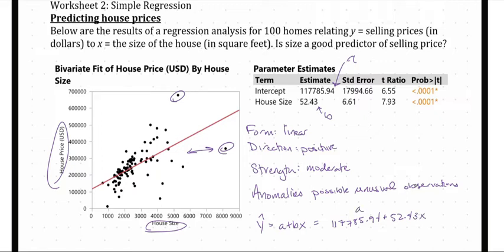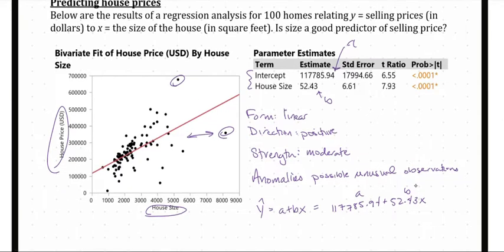So this is A plus BX, which we got from our parameter estimates table. The question now remains, is size X a useful or good predictor of sales price Y?